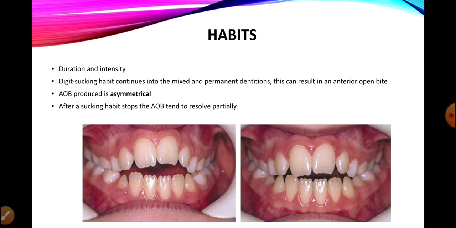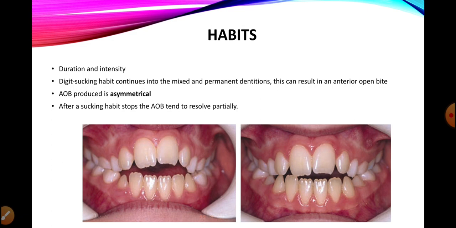That will lead to the creation of an anterior open bite with a posterior cross bite, because the maxillary dentition will be pushed inwards. Therefore, the non-nutritive sucking habits may cause an anterior open bite, and if they also generate a negative pressure, they may create a posterior cross bite.